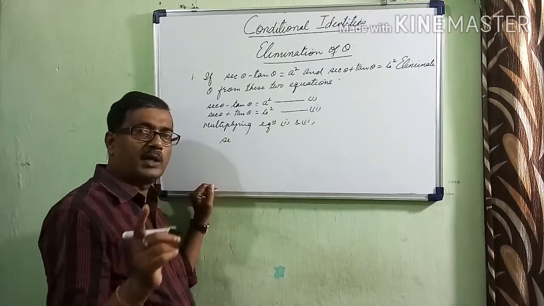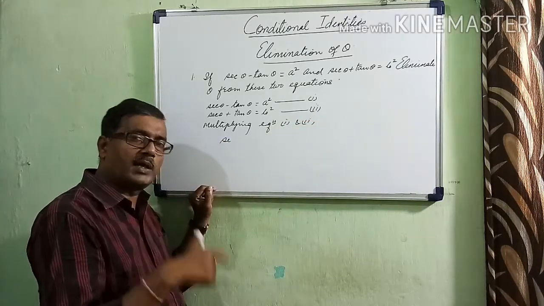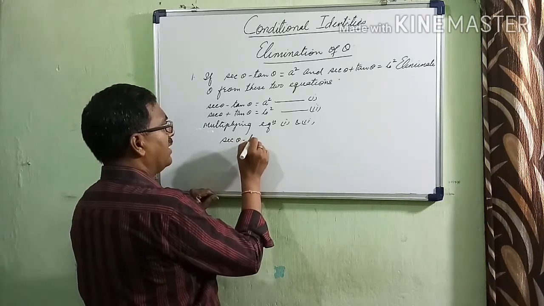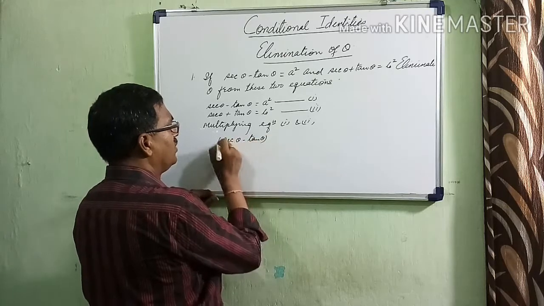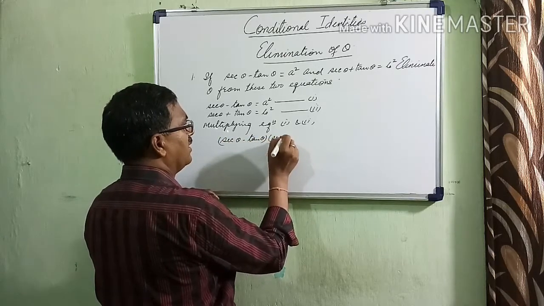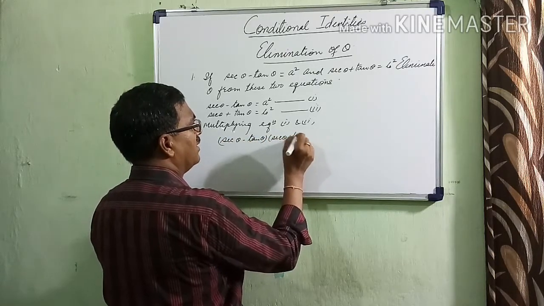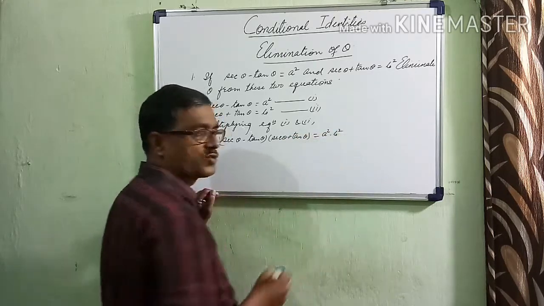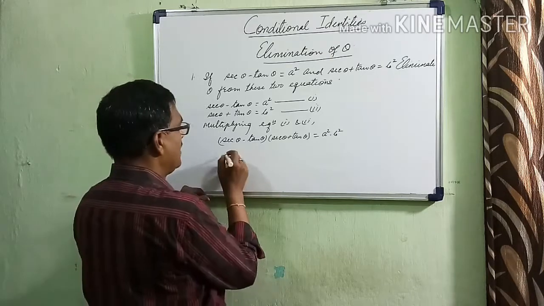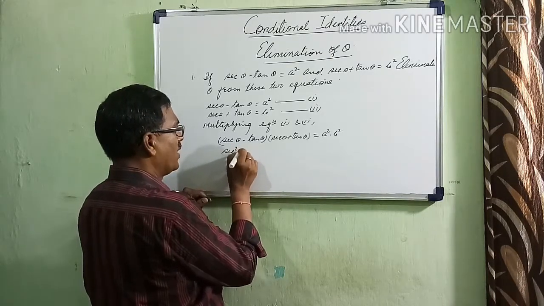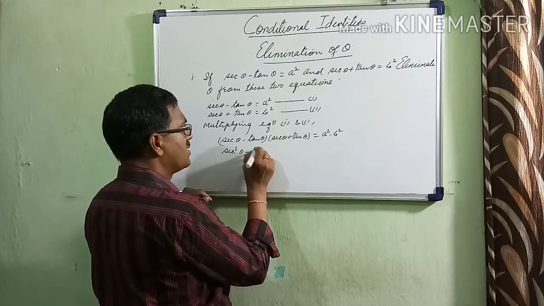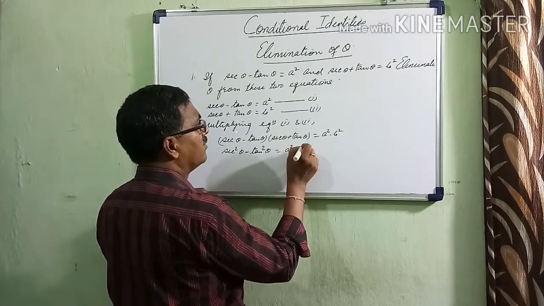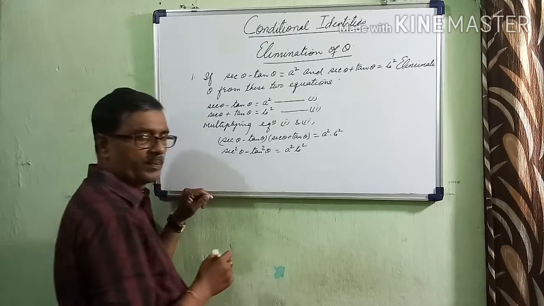When you say multiplying, it means LHS are to be multiplied and RHS are to be multiplied. So (sec theta minus tan theta) into (sec theta plus tan theta) is equal to a square into b square, and hence it will be sec square theta minus tan square theta is equal to a square b square.